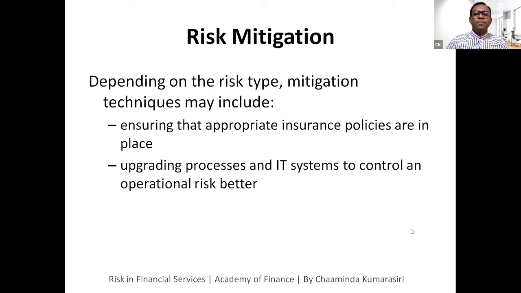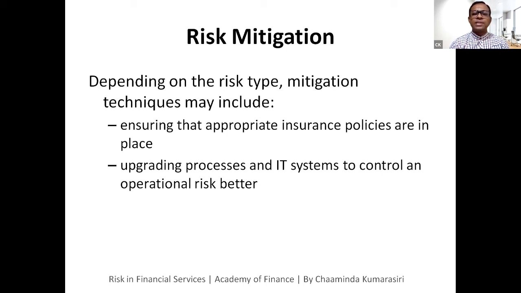Then IT. When you upgrade IT systems and processes, you can mitigate operational risk. For example, when you have people risk, there can be human errors, manual errors, typos. So you can automate.